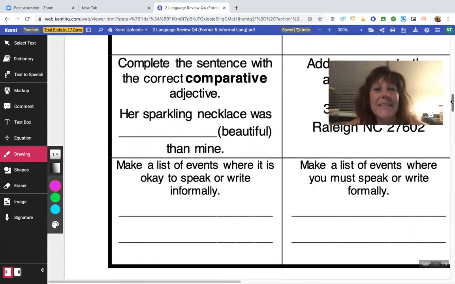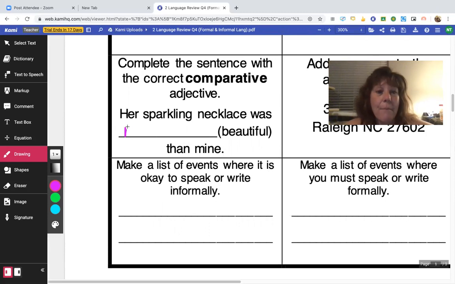Okay. Complete the sentence with the correct comparative adjective. So comparative adjectives are just words that describe, but you're comparing 2 or 3 or 4 or 5 things to each other. So this says, her sparkling necklace was beautiful than mine. So we're comparing the sparkling necklace, hers, to mine. And they're saying that hers was more beautiful.